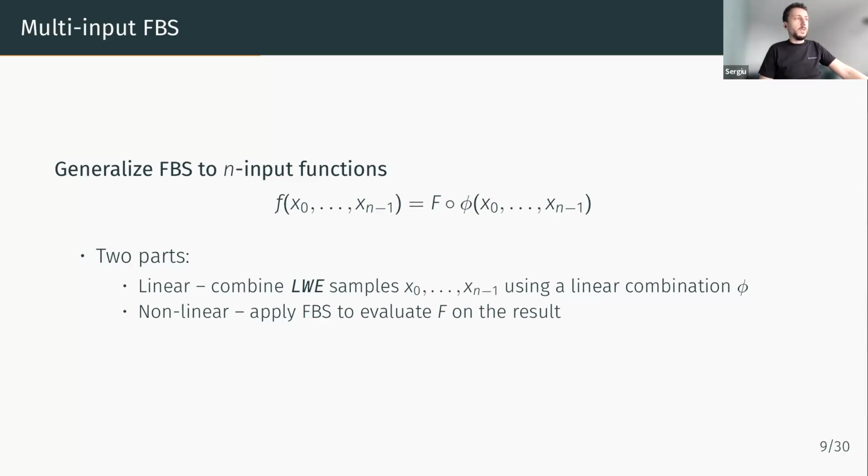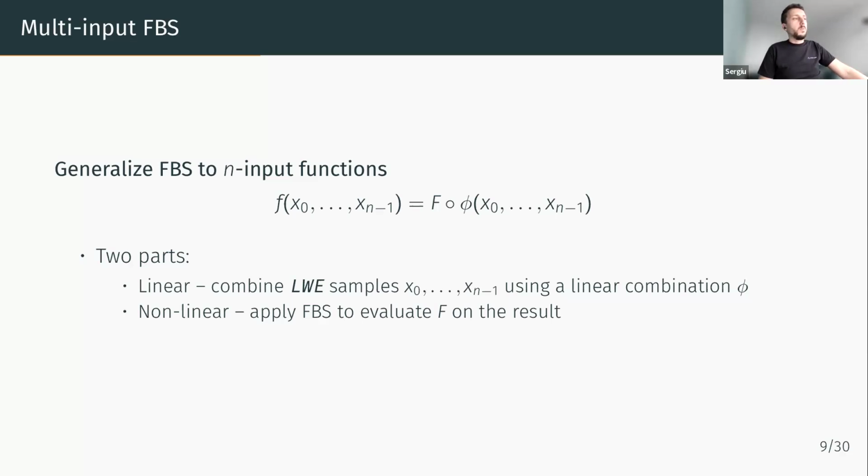The first one is a linear function which combines LWE samples into one value. This linear combination is cheap and is done by plain text-ciphertext multiplications and ciphertext additions. It doesn't increase the noise of the input messages much.